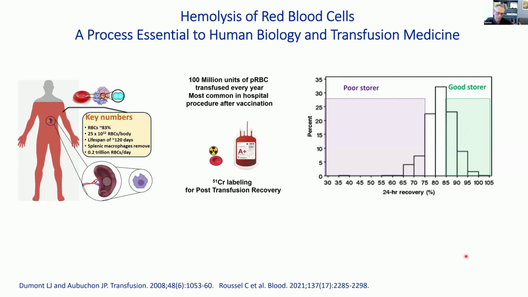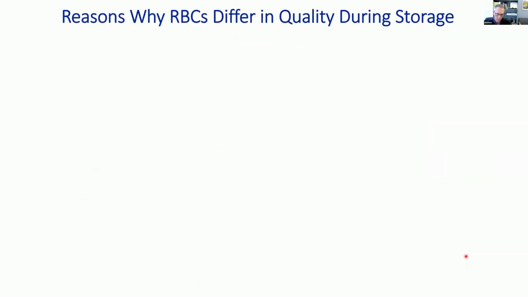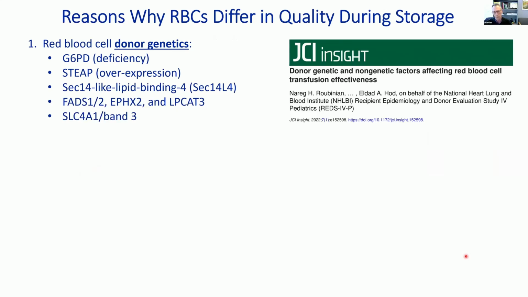And then we have other donors who have generally poorly storing red cells, and they're termed poor storers. So what is the reason for this? Really, this has to do with the donor themselves.